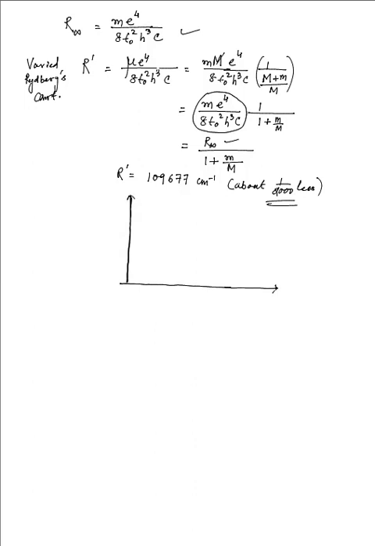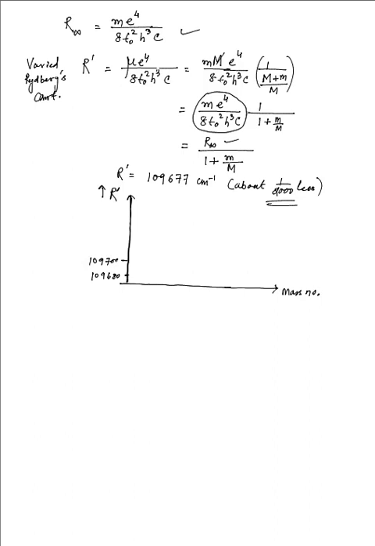The values of Rydberg's constant keep on varying with the mass number. This is the mass number, and this is the value of Rydberg's constant taken as R dash, which varies.